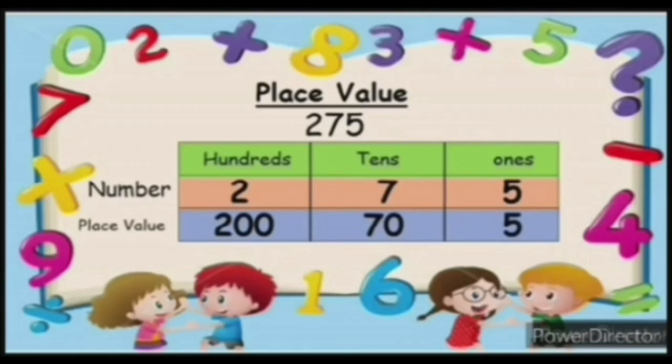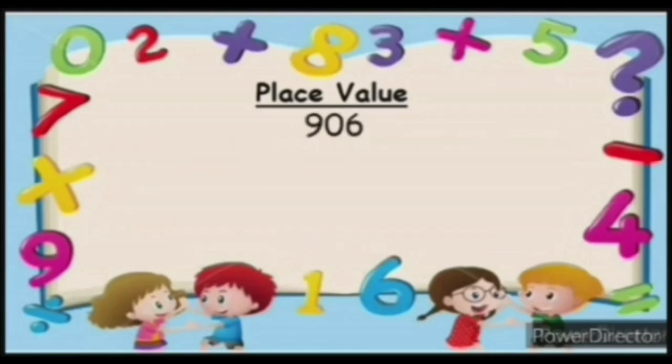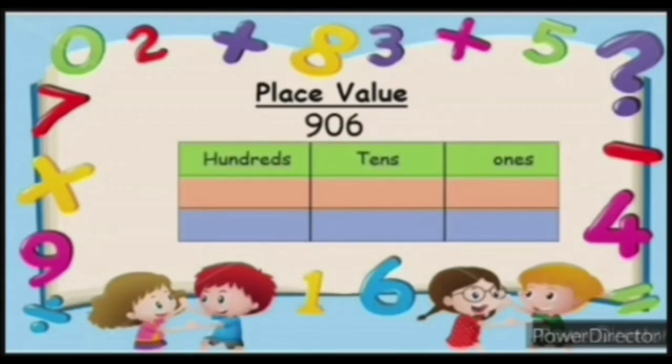Now let's see one more example. 906. Let us place each number in its respective column. Number 9 is placed in the hundreds column, number 0 is in the tens column and number 6 is in the ones column.